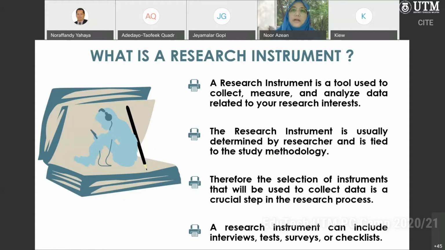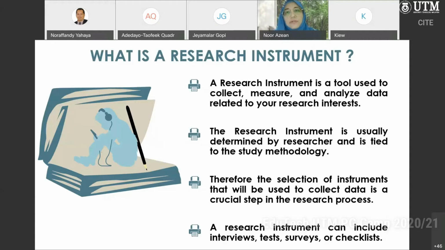The research instrument is usually determined by the researcher and is tied to the study methodology. So what's your method? Refer to that, and refer to your research question. So we develop the instrument. It is related not only to instrument design, selection, construction and assessment, but also to the conditions under which designated instruments are administered. So how can we administer our instrument?